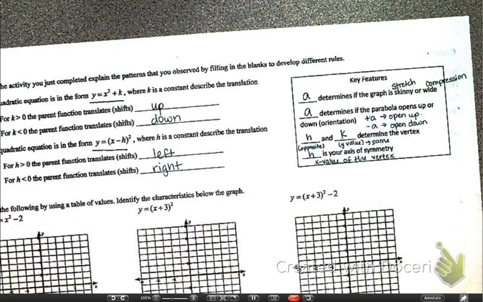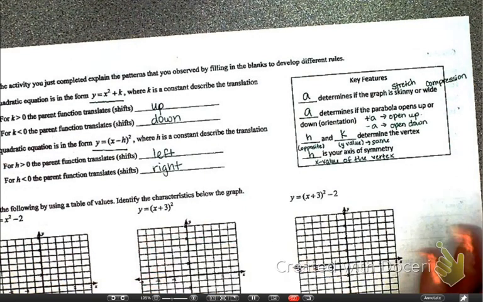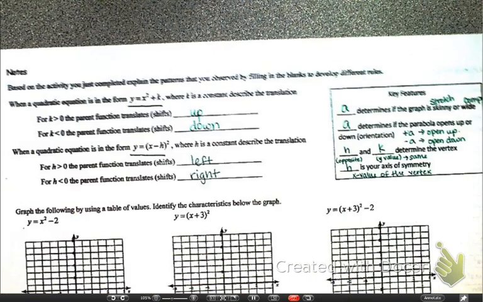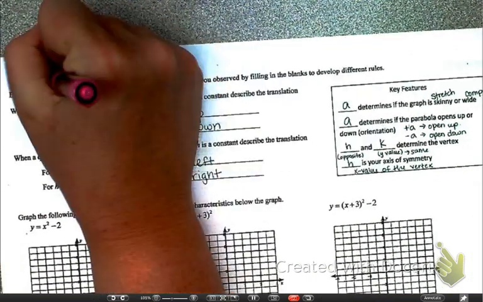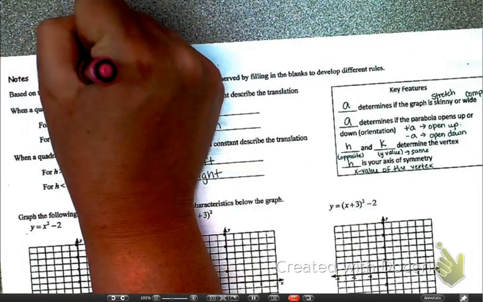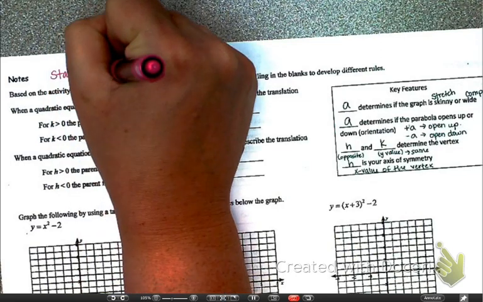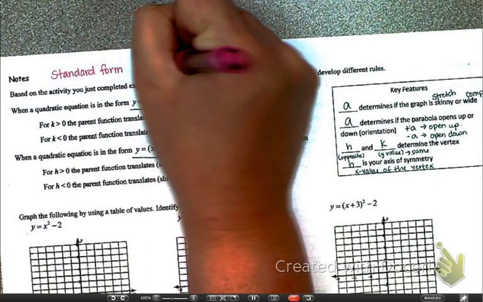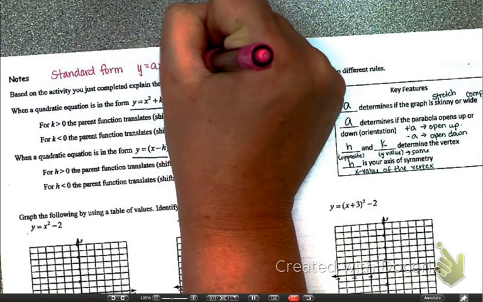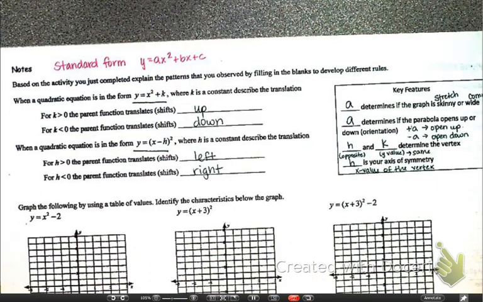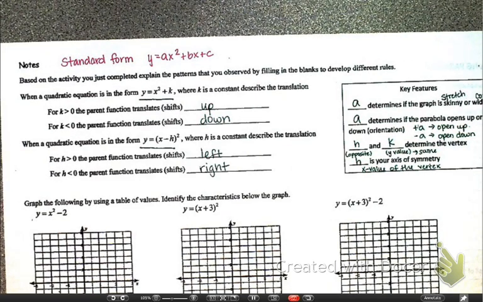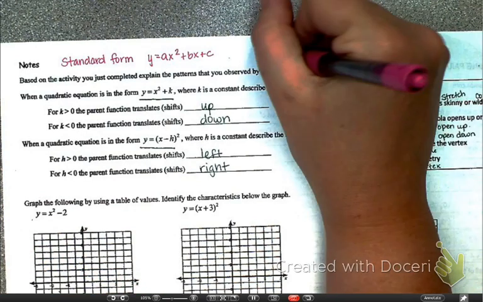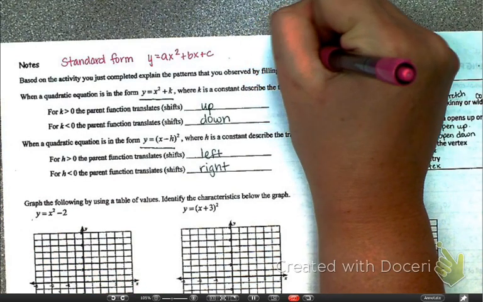So we're going to go through all of the different pieces. Before we actually look at graphing, who can remind us what standard form is? Good. Y equals ax squared plus bx plus c. We have been dealing with standard form this entire last 2 months. We're going to be looking at something called vertex form.